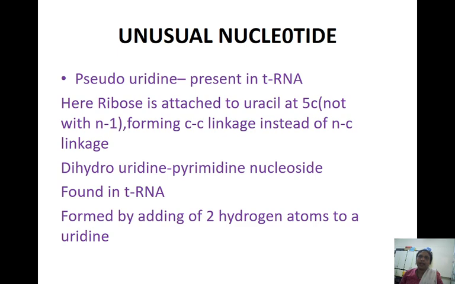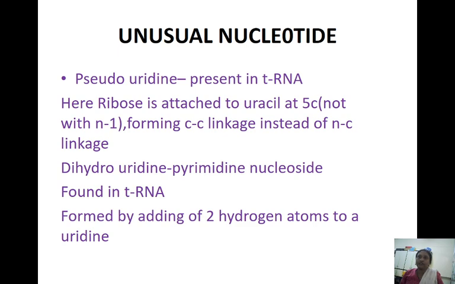Normally, in the case of uracil, as it is a pyrimidine, N1 of the uracil is attached to C1 of the sugar. But in this case, the 5th carbon of the uracil is attached to the first carbon of the sugar. So there is a carbon-carbon linkage instead of a nitrogen-carbon linkage. So it's an unusual nucleotide.